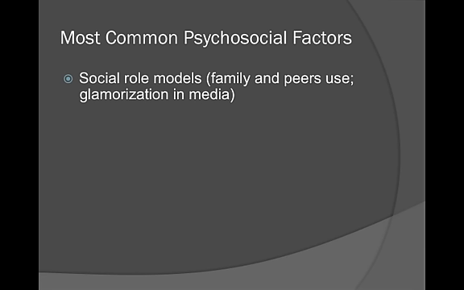Now, before we move off of social role models, we want to talk about the influence of the media on young people. And it's absolutely obvious to some of us that there is a glamorization of substances in the media in some instances. The question is whether or not that has a significant impact on a youth.